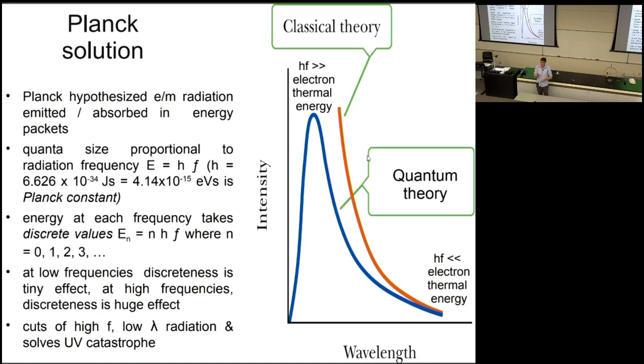And so that literally stops the radiation at high frequencies, short wavelengths, and that causes the theory to tip over and give the result that at the very highest frequencies, i.e. the very shortest wavelengths, you don't radiate. And you don't radiate because you can't release these energy packets.